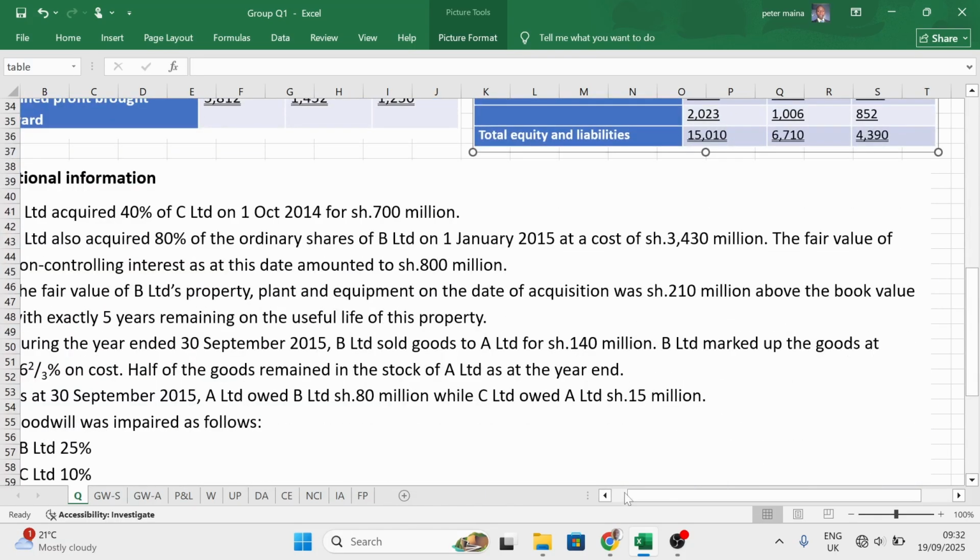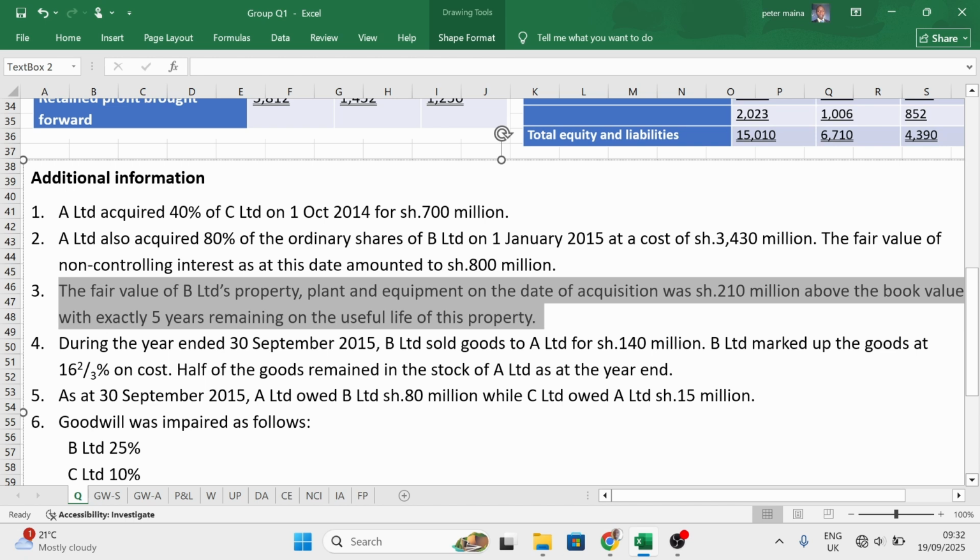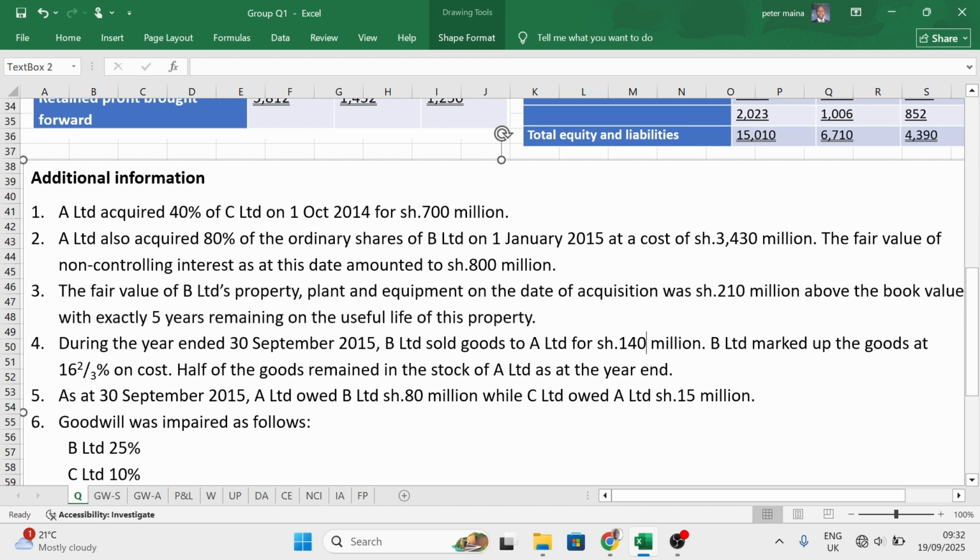So you go to the additional information, you check for the amount of revaluation, and this revaluation must be in the assets of the subsidiary. If it is the assets of the parent, then we would not be including it. So in number 3, we are given the increase in revaluation, which is 210 million.